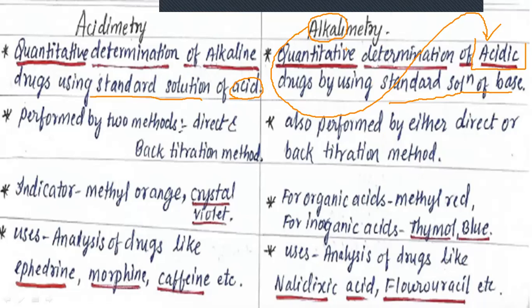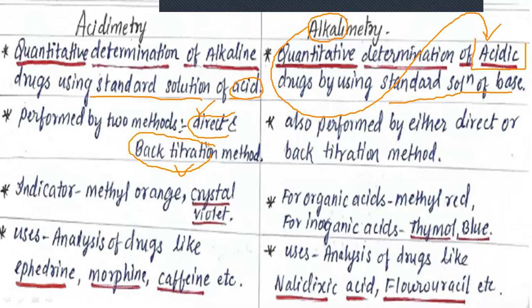And in these two methods, we are using direct and back titration. Direct titration means directly we are adding acid from the burette to estimate the bases. Sometimes we can use back titration also, which means we are adding an excess amount of titrant solution to the titrate solution which is there in the conical flask.